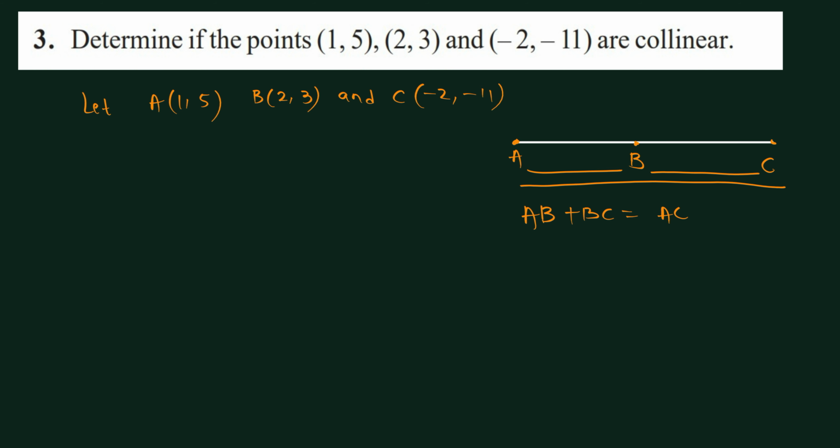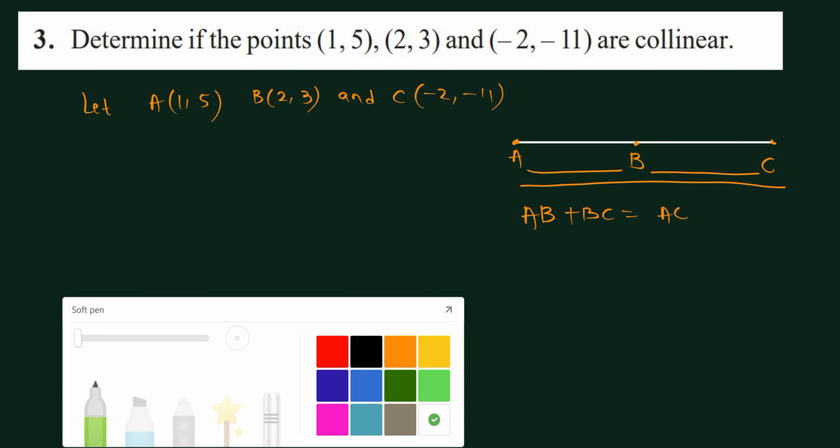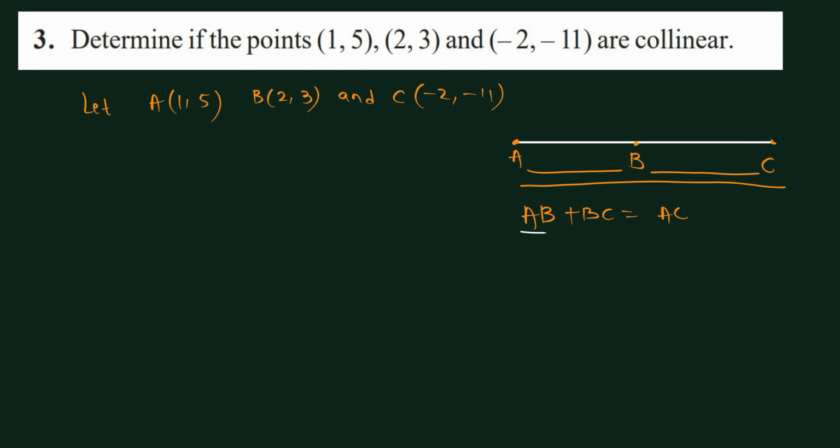We first find the distance AB, distance BC, and distance AC, and check the relation between the 3 points.